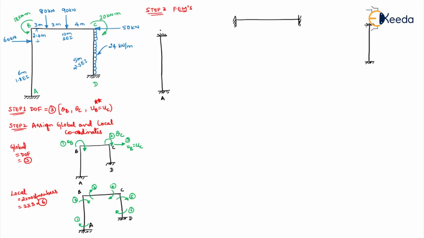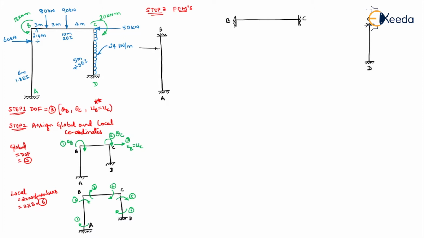So this is AB, BC and CD. We will need the loading also because we need to find reactions in this case, because one of your global coordinates is a horizontal displacement, so we need the reactions also.